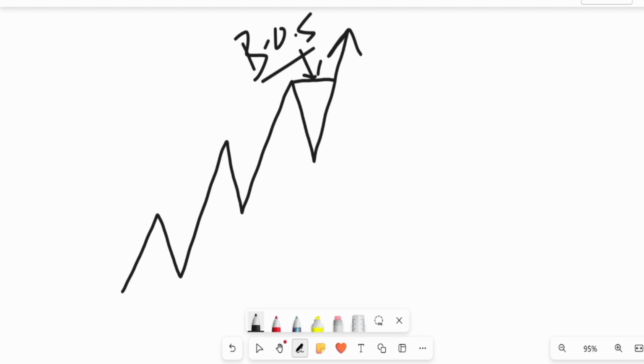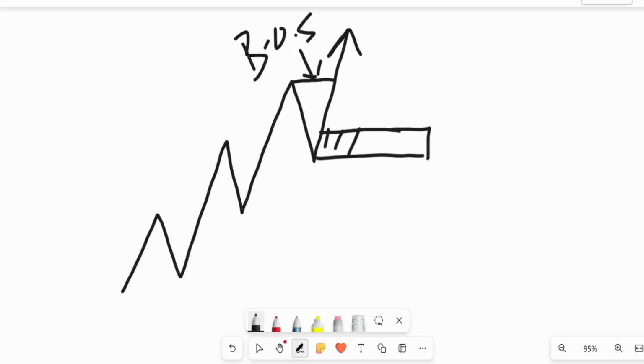The demand zone is the last move that led to this break of structure. In this case, since this is the move that led to our BOS, that's where we will go to mark. So the last few candlesticks that led to the break of structure.